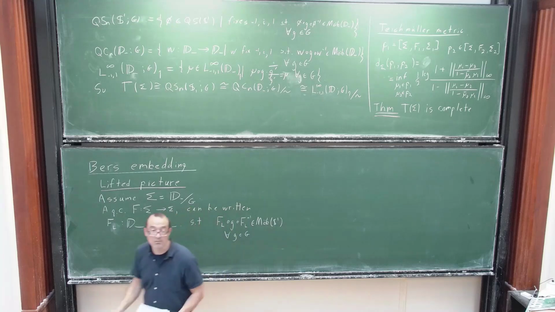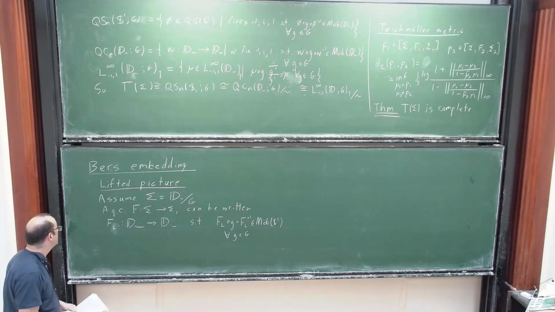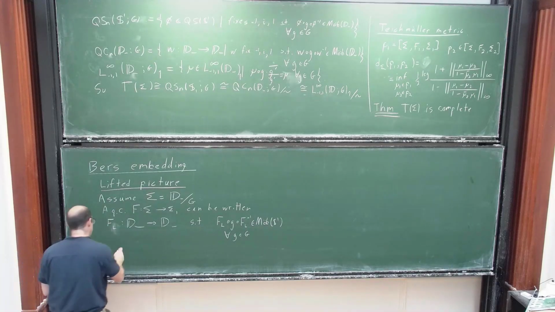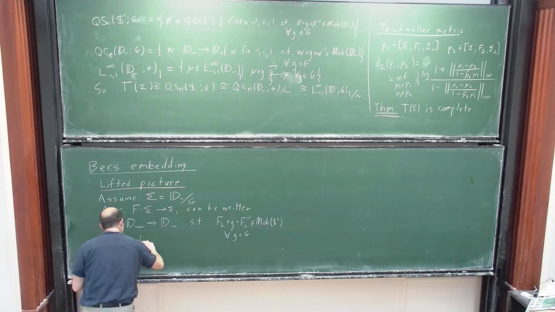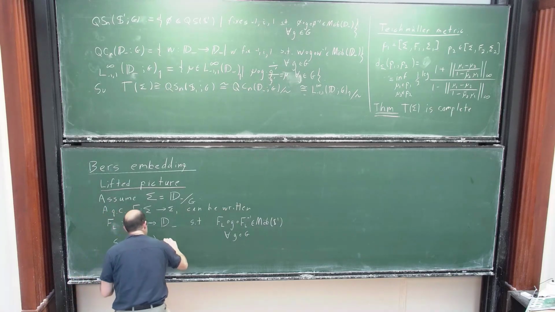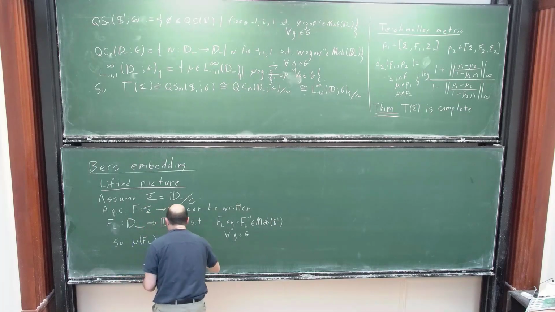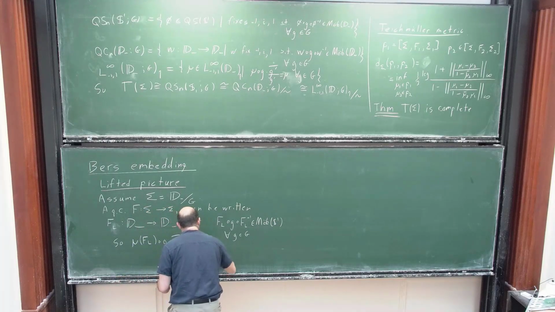So I'm using that normalized quasi-conformal map. Oh, I should put the normalization in, but I'm going to use the mu's so it doesn't matter. It gets absorbed into the equivalence relation. So we get mu of F_L of G times G prime bar over G prime equals mu of F_L.